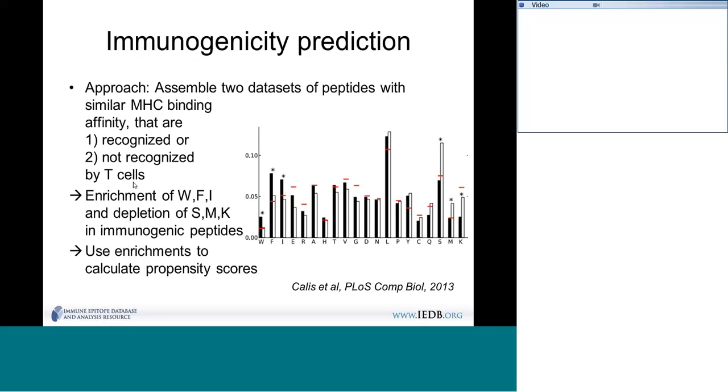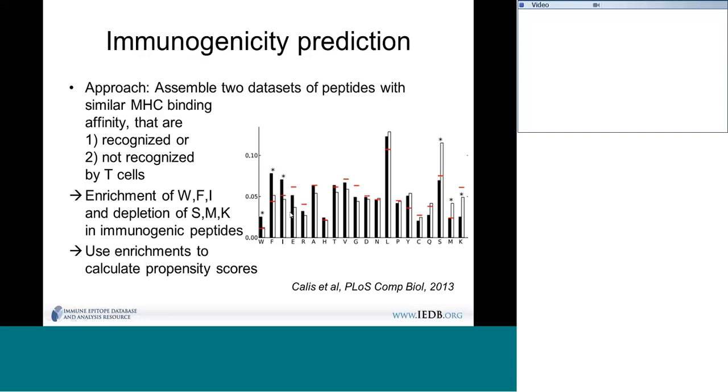And then we asked, is there an enrichment in the peptides recognized by T cells for certain residues? What you see here in black is the residue frequency in peptides that are immunogenic, versus white, where they are not. For tryptophan, phenylalanine, and isoleucine, you have an overrepresentation in peptides that actually trigger an immune response.